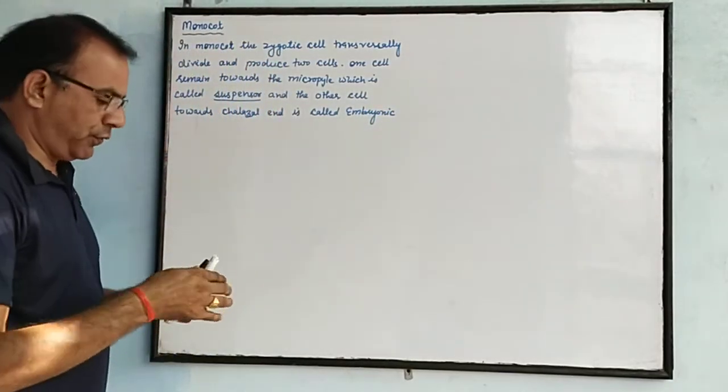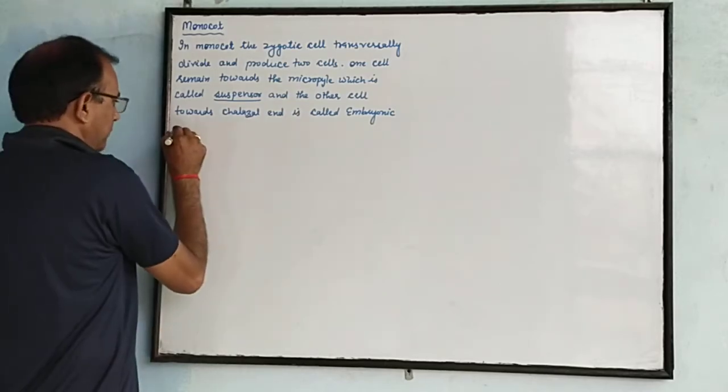What is the structure of the monocot embryo?